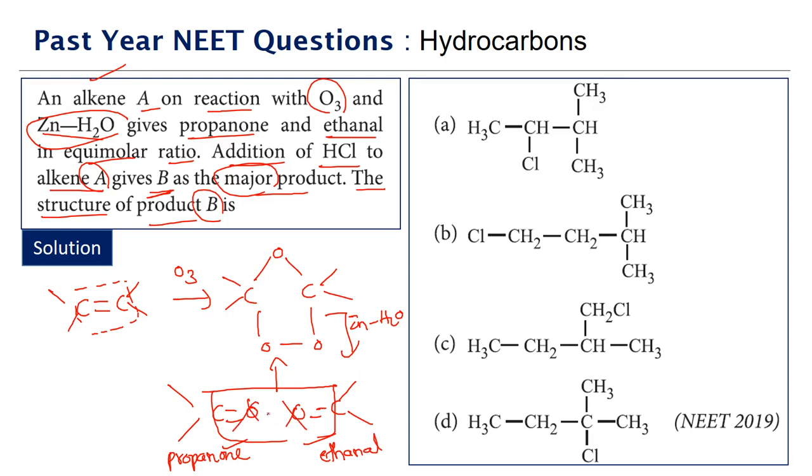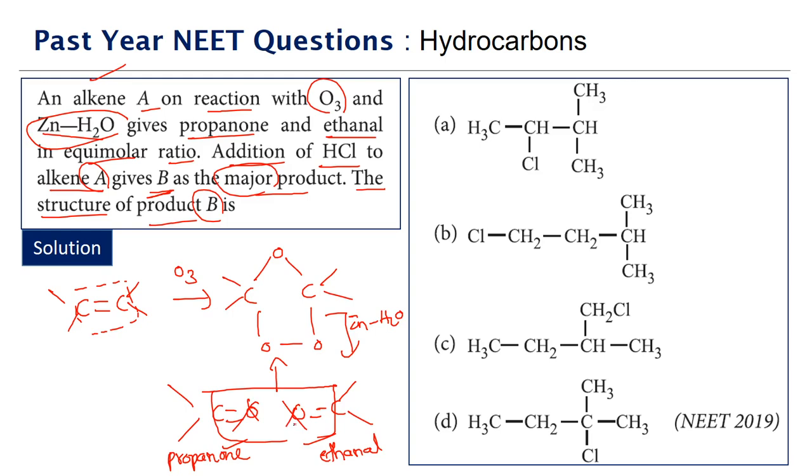Clear with the step? So how do we find out the original alkene in case of the reductive ozonolysis? We first arrange both the products in such a way that the carbonyl carbons are facing each other with the oxygens. Now we remove these oxygens and form a double bond between these two carbons. That is going to be our original alkene.